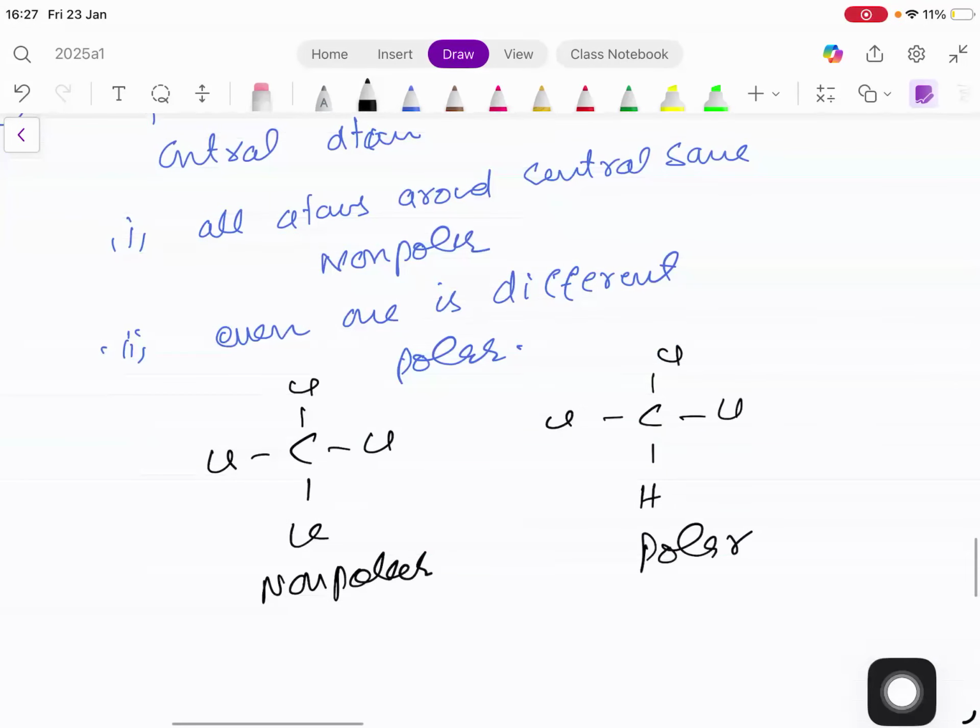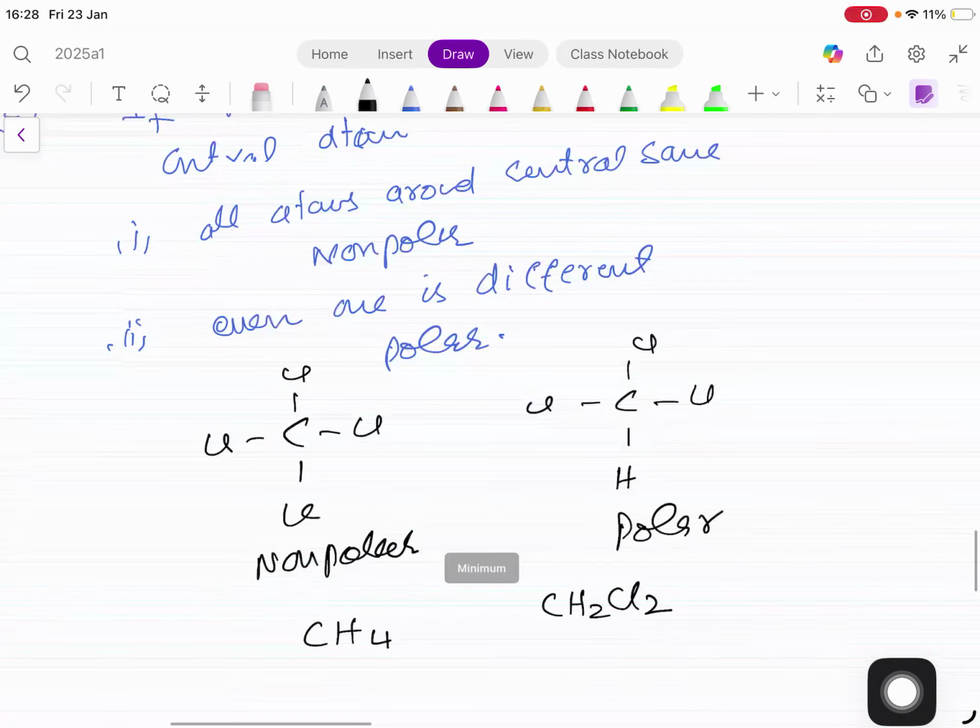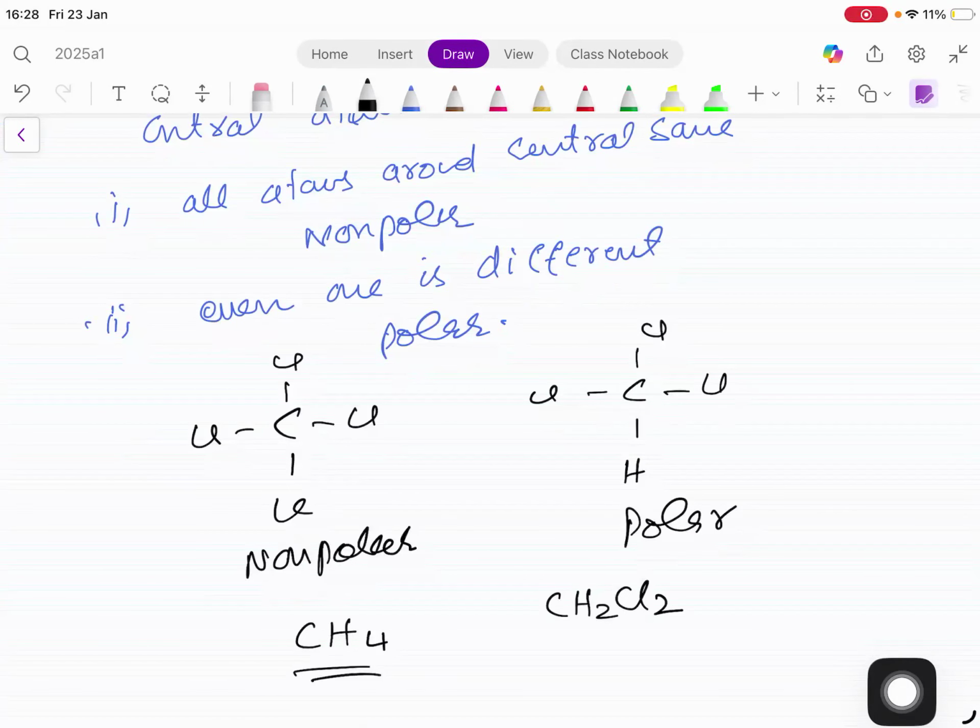For example, CH4 and CH2Cl2. Now, the central atom has all 4 hydrogens around it, so it's non-polar. If 2 hydrogen and 2 chlorine, it's polar. Keep in mind the carbon doesn't have any lone pair. So this is the shortest way of getting it.